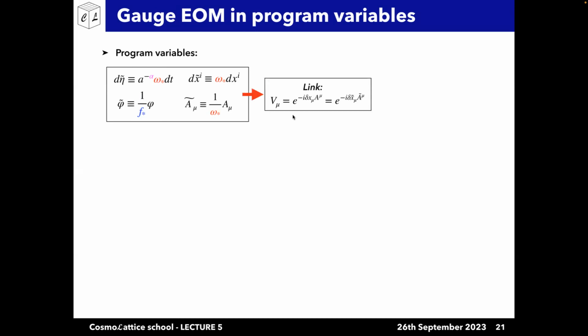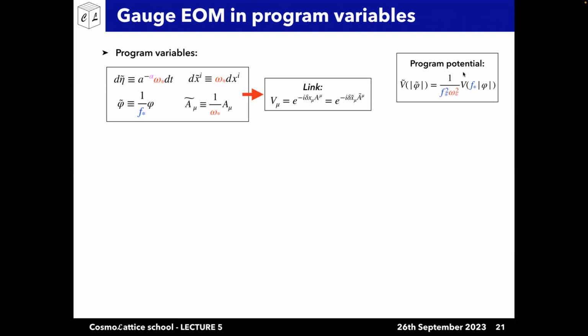Well, let's see the link. The link has in the exponent this product of A mu and delta x mu. So basically, the link in program units is given exactly by the same expression, because the omega star introduced by A tilde mu compensates the one of delta x mu.